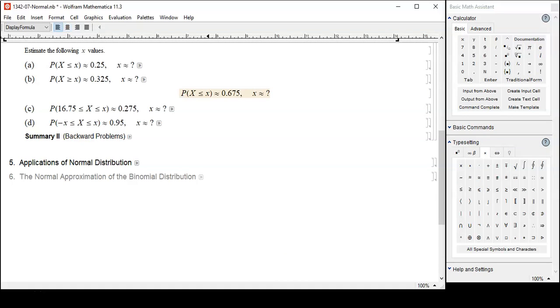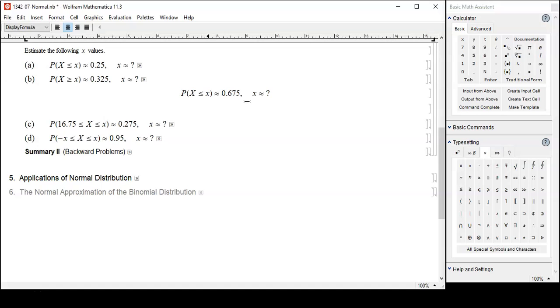So look up the z-table and then get the appropriate z-score closest to this probability, 0.675. I hope you guys remember because we did it in section 3. And then you set up an equation, z equals n minus center over SD.